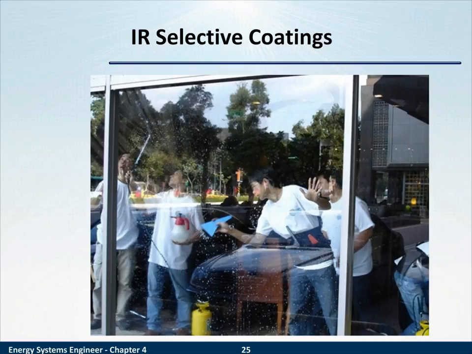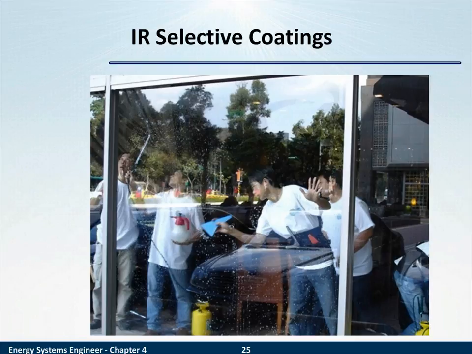I would like to provide pictures of both an IR selective glass and IR selective film. However, for the IR selective glass, the coating's applied in a factory under vacuum. You can't see it. For the film, they do the same thing in a vacuum. They apply the exact same type of coating to film.